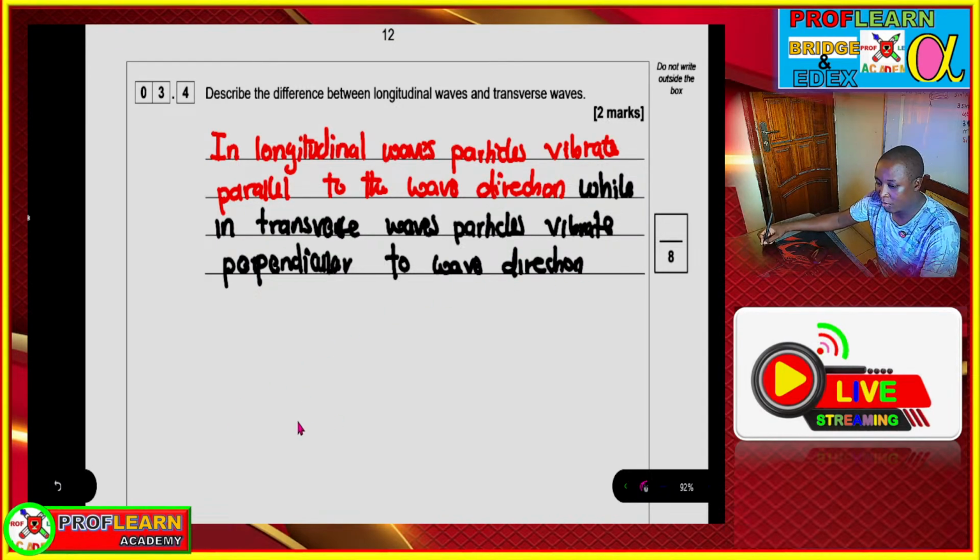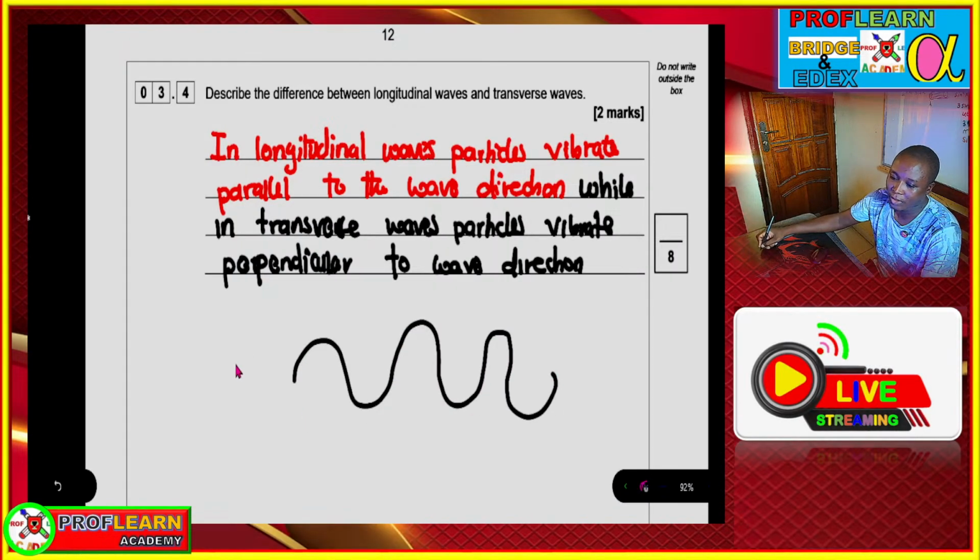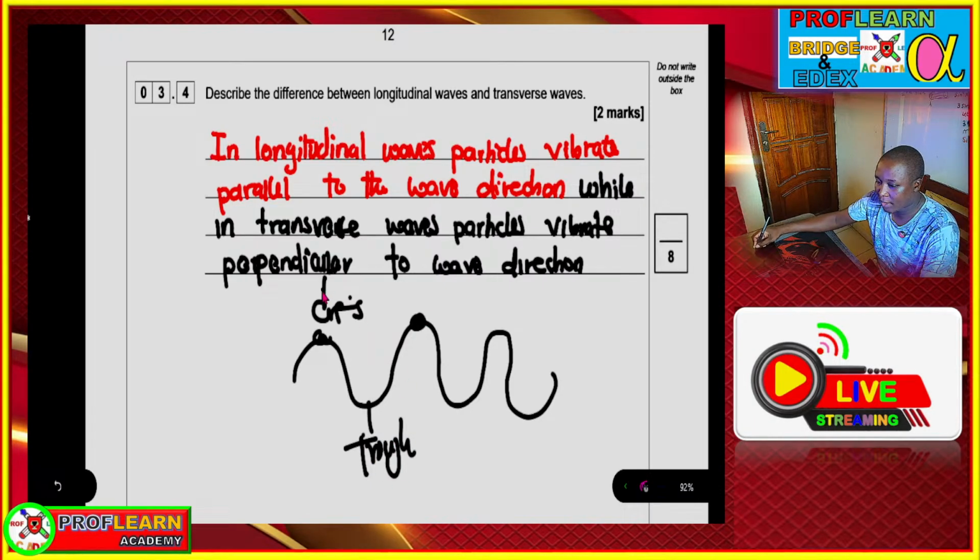So those waves which have crests and troughs are called transverse waves. They have crests and they have what? Troughs. And the distance between a crest and another crest is the wavelength, and this height here represents the amplitude.